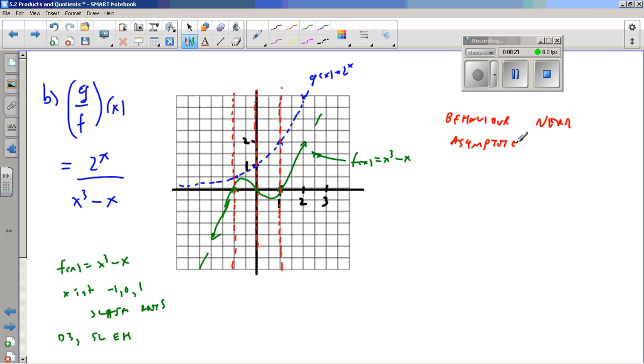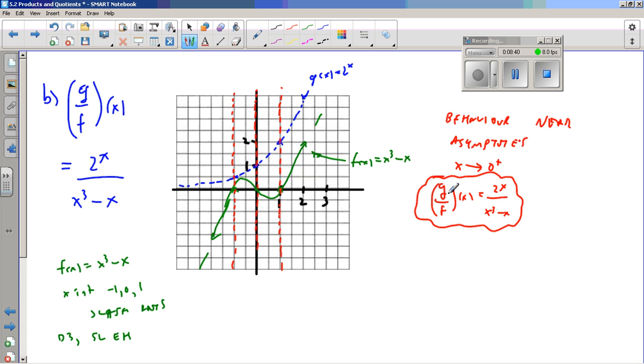So first of all, let's think about x getting close to 0, but from the right. Well, what do I have? I've got g of x is 2 to the exponent x over x cubed minus x. This is what I'm looking at.